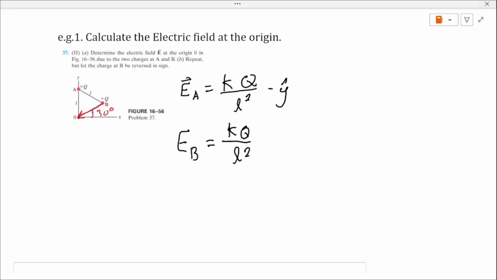So what I'm going to do is split EB up into its x and y components. So EBX equals EB, that's the magnitude, cosine 30 degrees, and we'll put a minus sign on that because it's directed in the negative x direction.